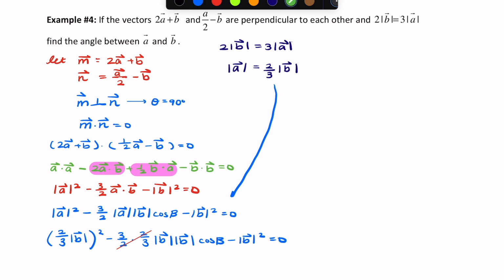So here we have 4 over 9 vector B squared minus vector B squared cos beta minus vector B squared is equal to 0.